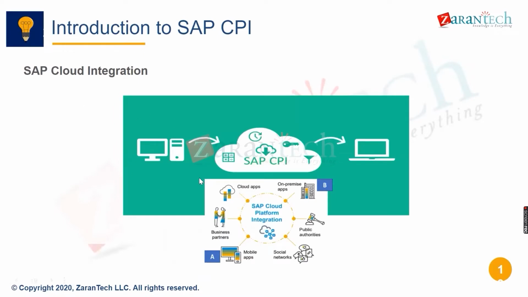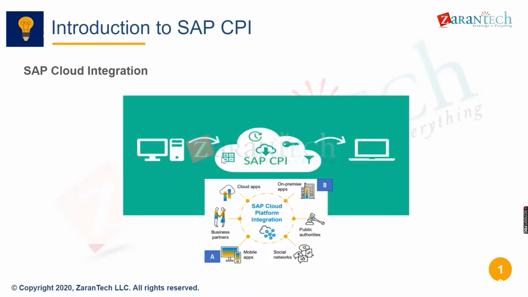Now what exactly will SAP CPI do? I have my sender system, let's assume system A, and system B. System A wants to send some data to system B. Then the CPI integration comes into the picture and connects system A to CPI, then CPI to system B. This is how the integration happens.